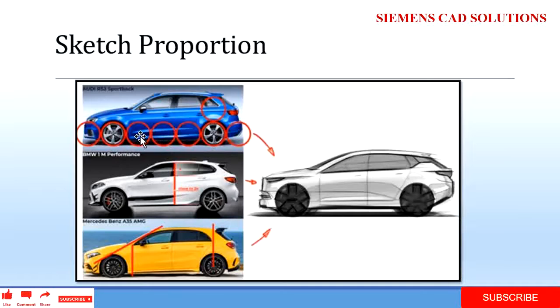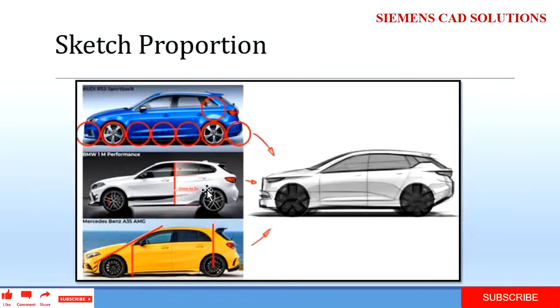So 3 times of the wheel size needs to be on the center, and half of the wheel size should be on the rear side. 75% of the wheel size should be front from the wheel edge, and then the door edge line should have half of the height of the wheel, so that our design looks like a proper one. Whenever we are doing free hand sketch, you have to consider this, so that your vehicle will look like a proper design.